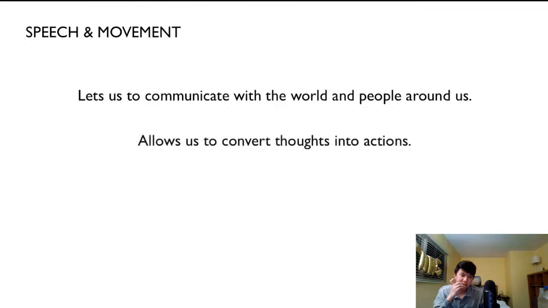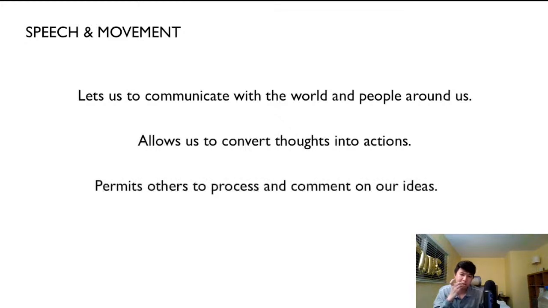And these allow us to convert our thoughts, our internal, into something external, into our actions. This is also what permits other people to take our ideas and compute them themselves. So this really allows for communication. Someone else's input system, their ability to hear or see me, and my ability to send a message.